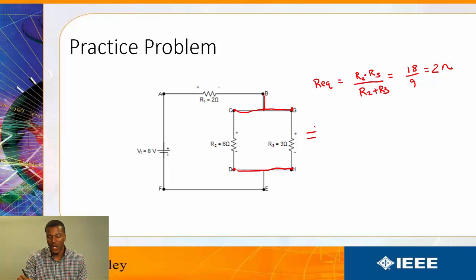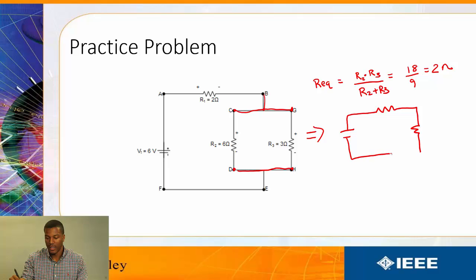We can then draw an equivalent circuit as follows. Two ohm, 6 volts.